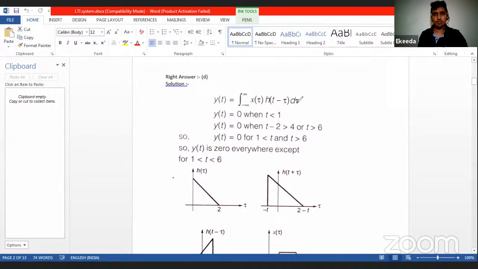y(t) is equal to the integration from minus infinity to infinity of x(tau) and h(t minus tau).